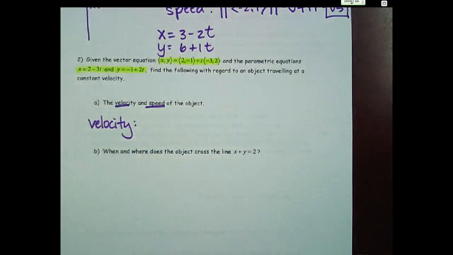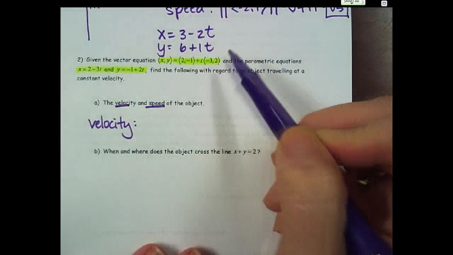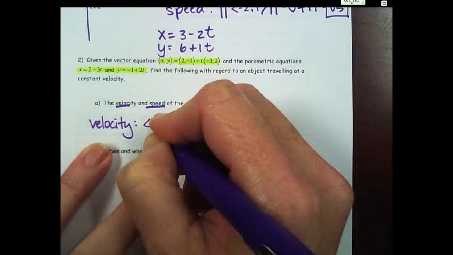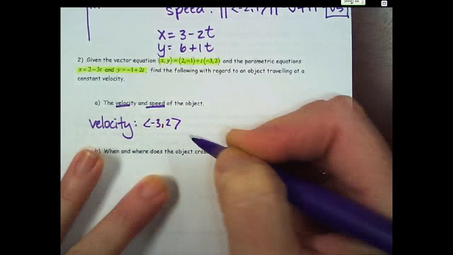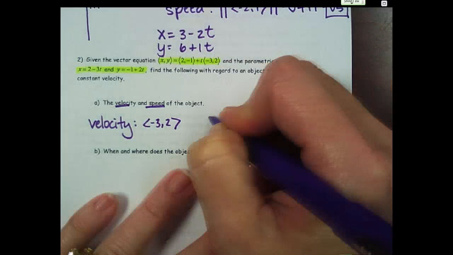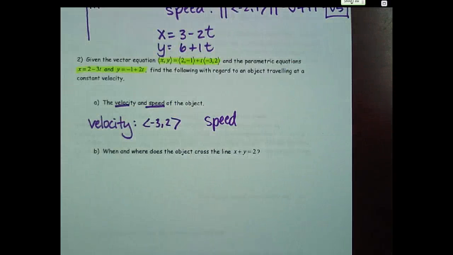Where do we get the velocity? What do we look at? Just this last part, right? What's the velocity? We're going to go left 3 and up 2 every time. Now let's find the speed of the object. In other words, we're going to go left 3 up 2, left 3 up 2.